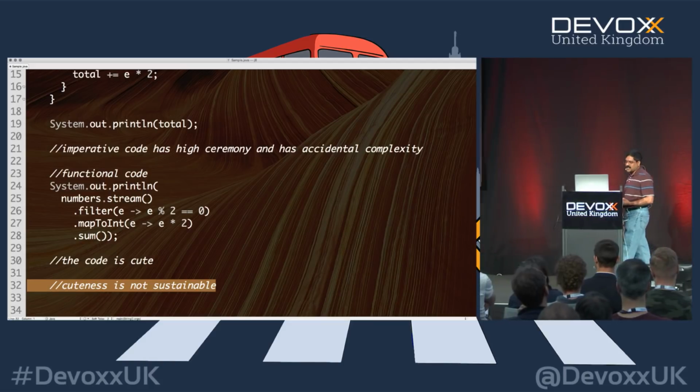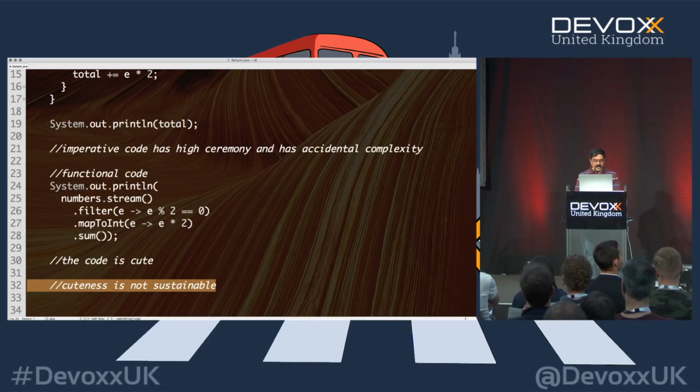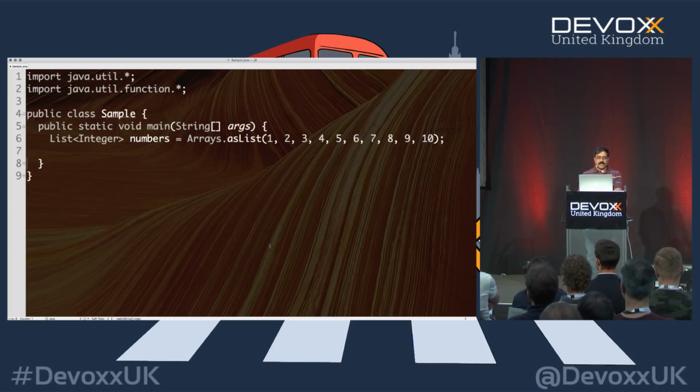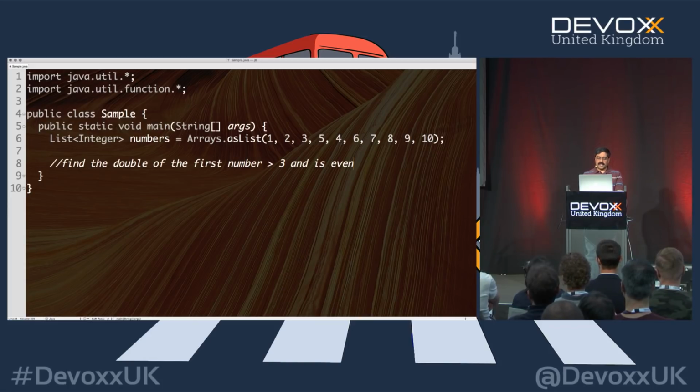So to answer this question, let's take a slightly different example and play with it. Let's go back to this example where I'm going to take a list of numbers, 1, 2, 3, but notice I said 5, 4, and of course 6, 7, and so on. I switched the order. But this time I want to say, find the double of the first number greater than 3 and is even. So how do we write this code in the imperative style of coding?